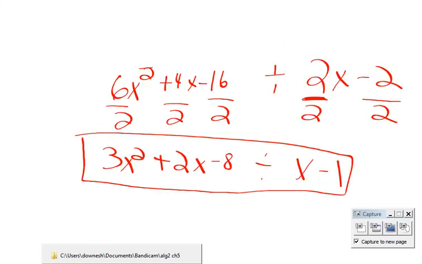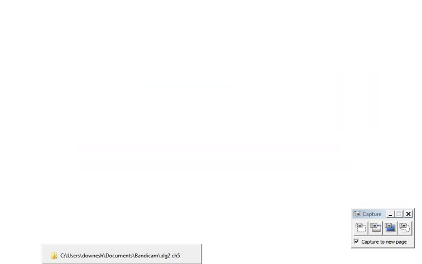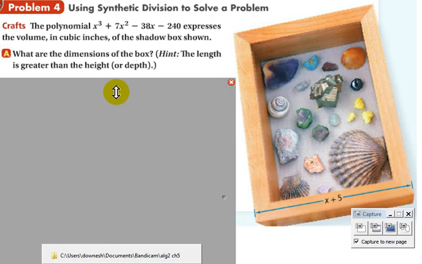All right, let's look at the last thing. Ooh, we're out of here in 2 minutes. Okay, well, just look at this. This is nothing new. It's just now words. They want to know, what are the dimensions of the box? They tell us that the polynomial x cubed plus 7x squared minus 38x plus 240 expresses the volume in cubic inches for the shadow box.